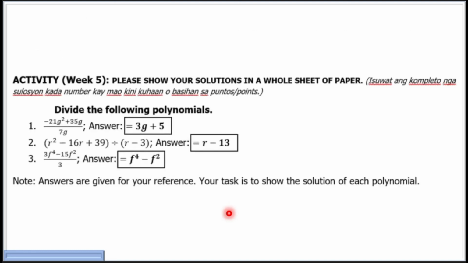On this topic, the same instructions, please show your solutions in a whole sheet of paper. Isuwat ang kumpleto nga solusyon kada number kay mao kining kuhaan og basehan sa puntos or points. So, the answers are given for your reference. Your task is to show the solutions of each polynomial. So divide the following polynomials 1, 2, and 3. And nanay answer diha.